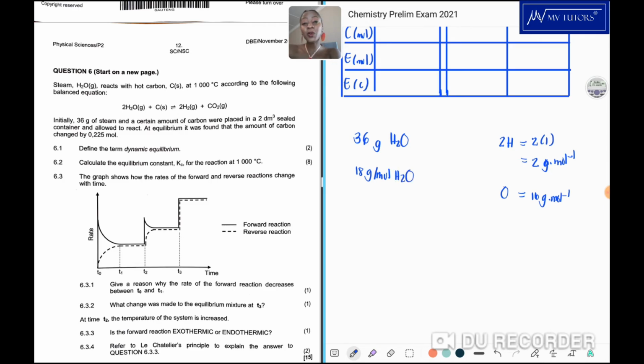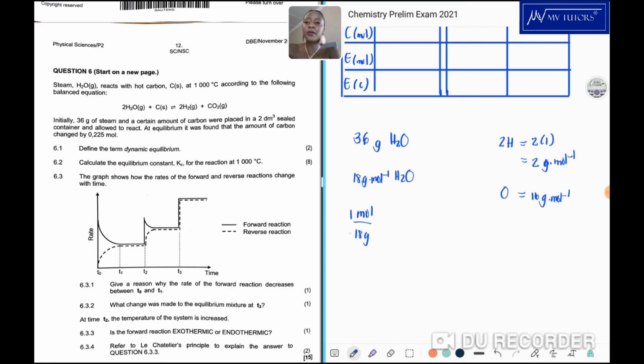Okay, so I would like to have the number of moles for steam. If I want that, I'm going to take 1 mole per 18 grams, just swapping it around. I keep writing it the wrong way and forgetting. It's actually 18 grams per mole.